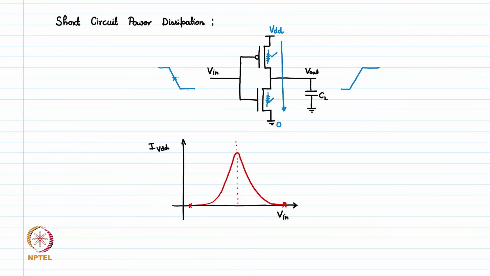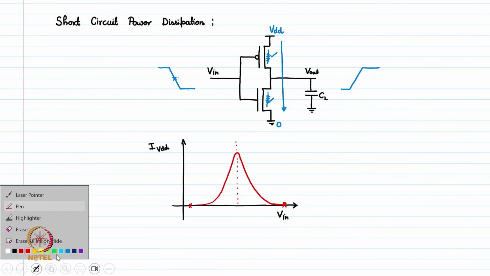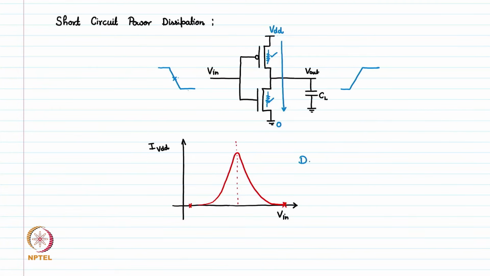So during transition, there is a short circuit current from VDD to 0 or to ground. So this is the second type of power dissipation.